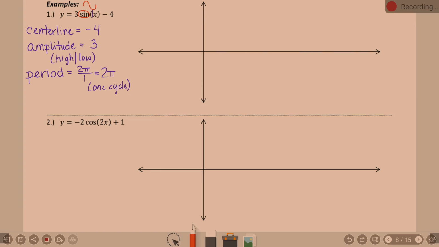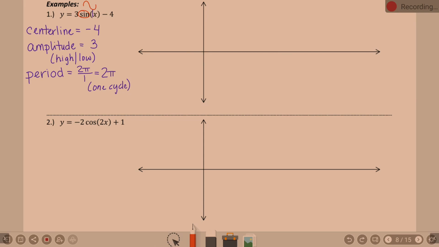Now, I'm ready to start labeling. In a normal scenario, the x-axis has a value of 0, yes? But what's my graph doing here? The negative 4 means my graph is going to move down 4.